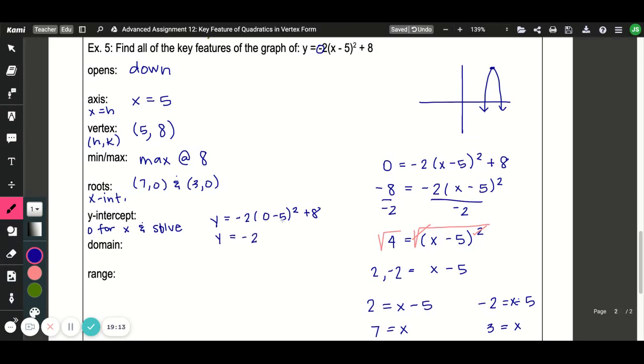So 0 minus 5 is -5. -5 squared is 25. That's -50 plus 8. -50 plus 8 is -42. So it wouldn't cross that y-axis until way down here at -42.